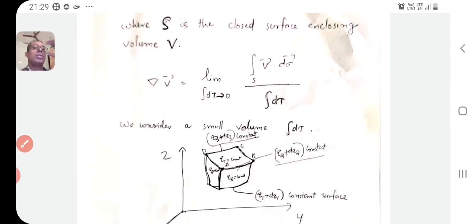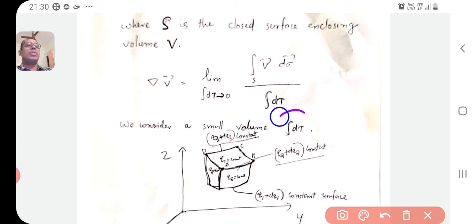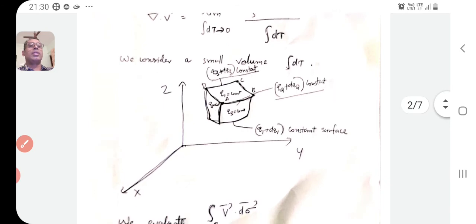Now we consider a small volume, the integral d tau, that is a small volume that we are considering.